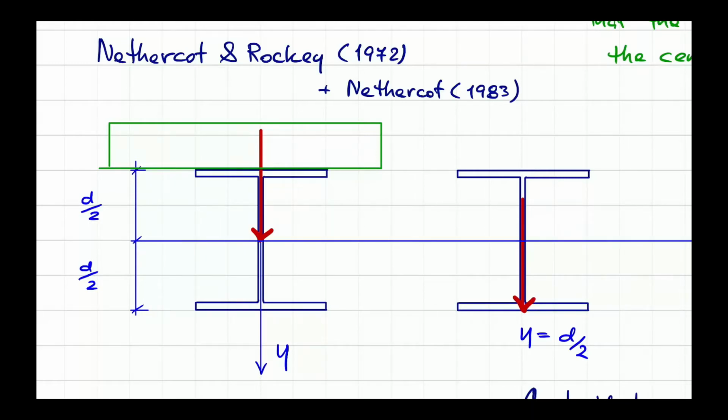Maybe the steel deck, composite, etc. on the top. So when the load is applied at a location which is not right at the centroid, that also affects the stability of your beam. So that affects the lateral torsional buckling of your beam.